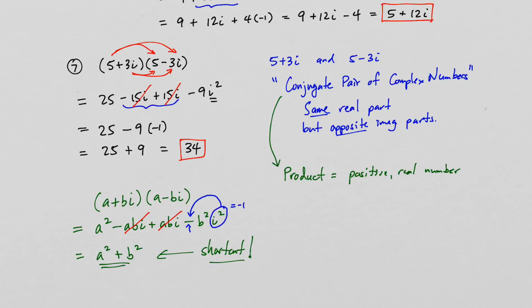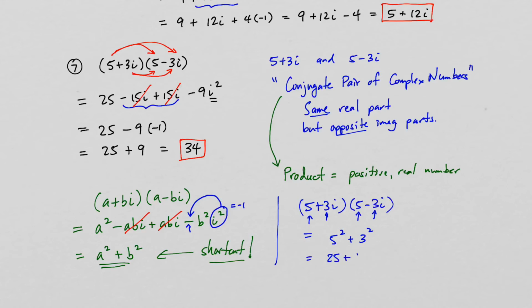So, one more little tidbit about this. What this means is that if I wanted to multiply the complex numbers that we have up here, I can do this the quick and easy way by taking the real part, which is 5, squaring it, taking the imaginary part, which is 3, squaring it, and then adding those together.